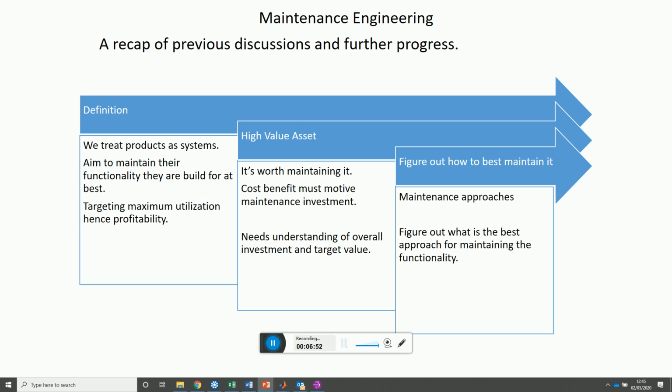Everything that we would ever do as engineers would be dealing with systems, whether it's cars, rockets, airplanes, printers, laptops, you name it. Products for us are systems. As engineers, there is no such thing as products. We deal with systems.